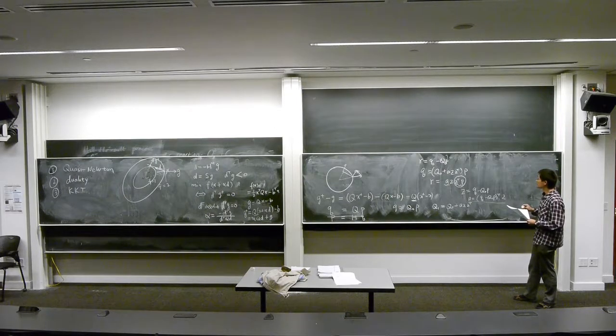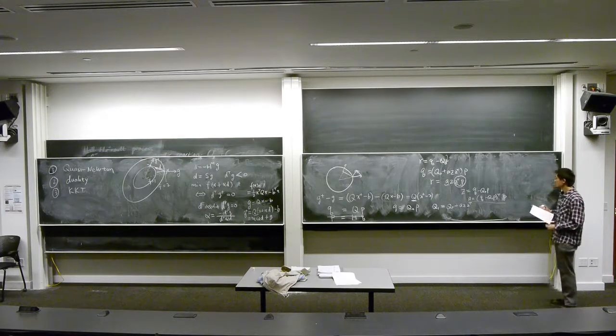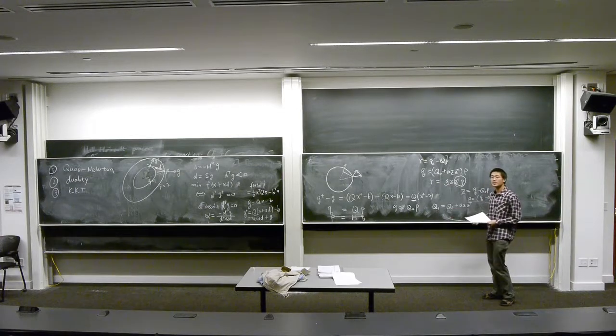So why would that happen? Because this is P, not Z. This is A equals Z times P. For some reason, this Q is not guaranteed to be positive definite.